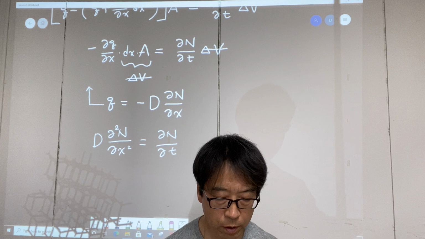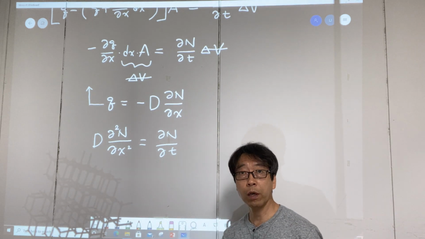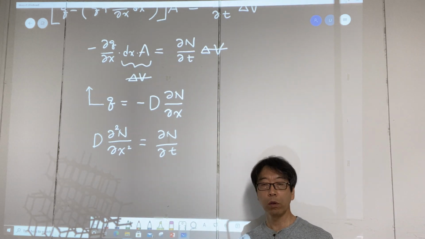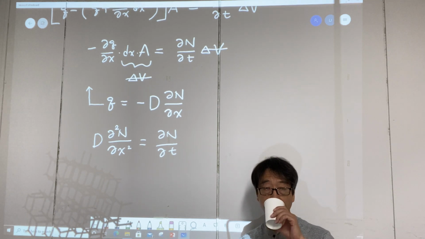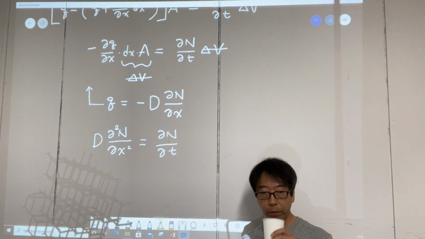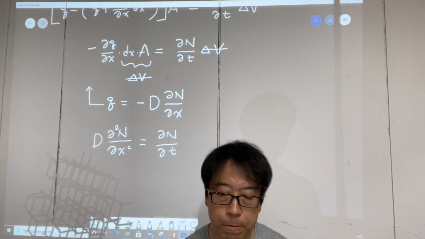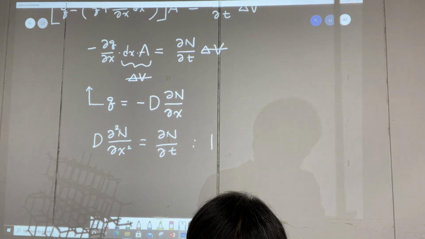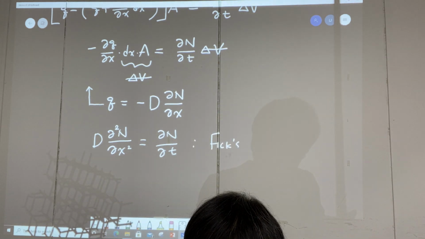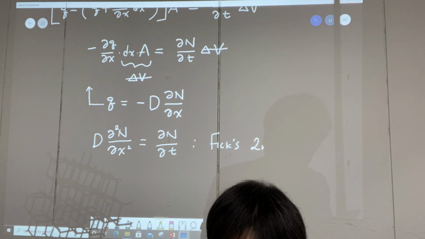Does anybody know how we call this equation? It's Fick's second law of diffusion.